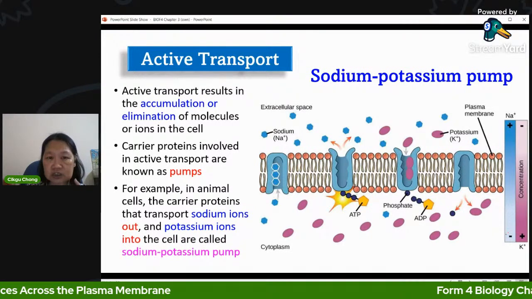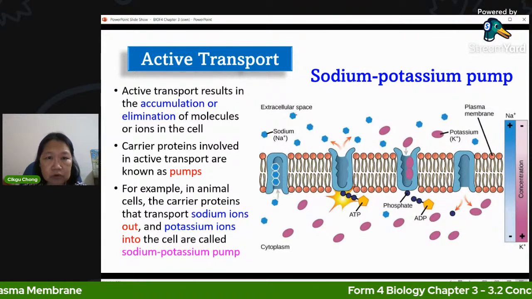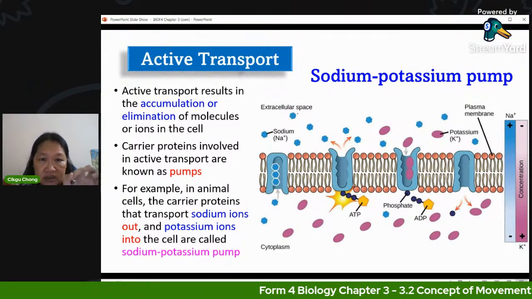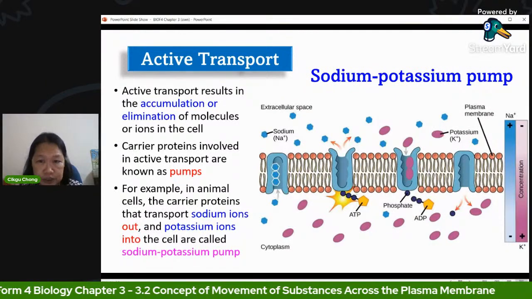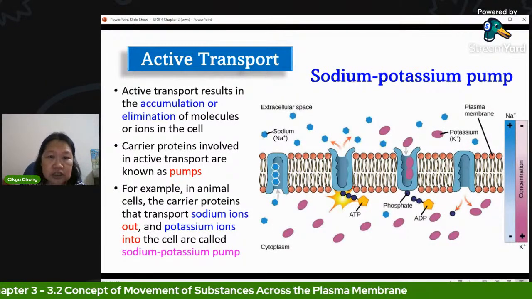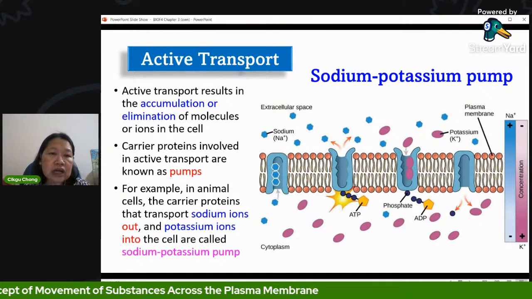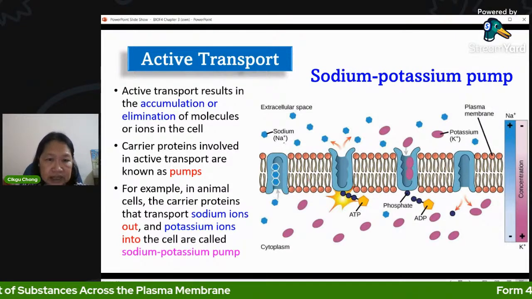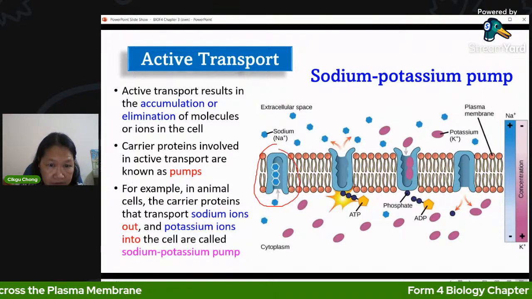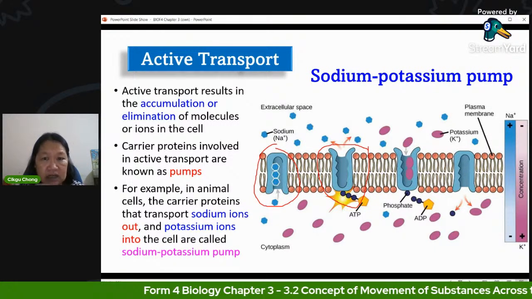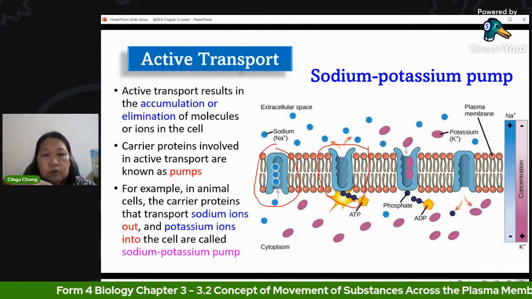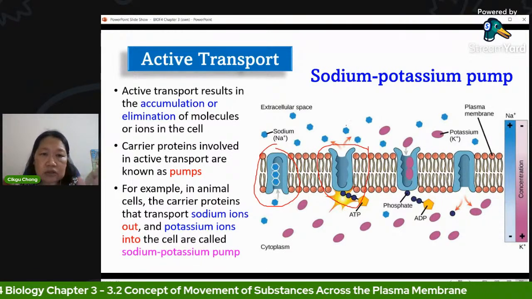You can see here the sodium is the blue hexagon shape, and the potassium is the purple oval shape. The same pump will push out the sodium. In the first diagram, it attaches the sodium. In the second diagram, when the phosphate group from the ATP attaches here, it changes shape, opens up and pushes out the sodium.